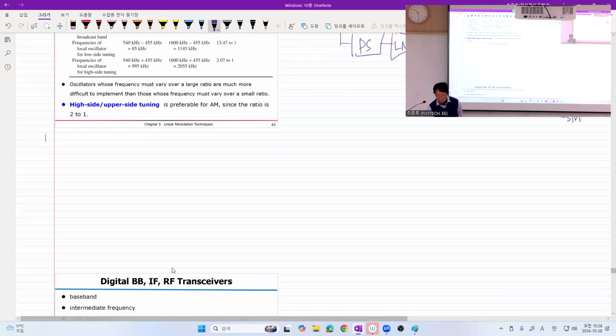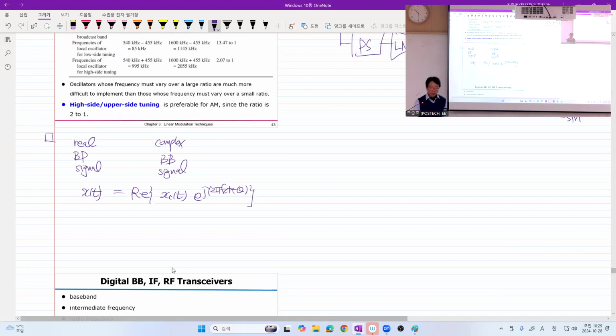So what is the most important equation in this introductory radio communications course? A real bandpass or passband signal, x of t, can be rewritten as what? A complex baseband signal multiplied by a complex exponential sinusoidal signal, right?